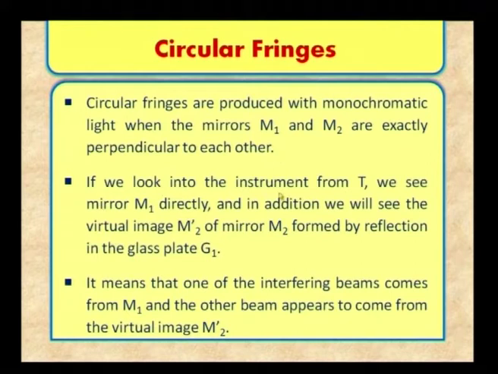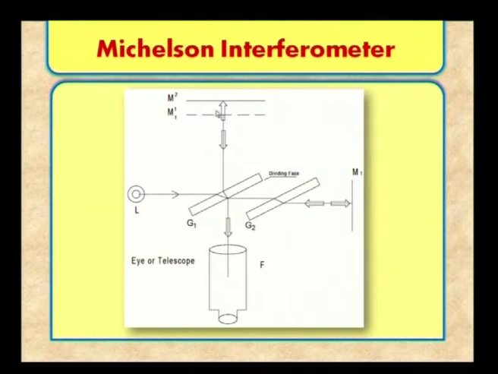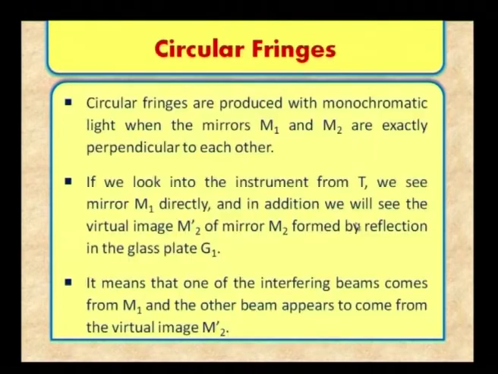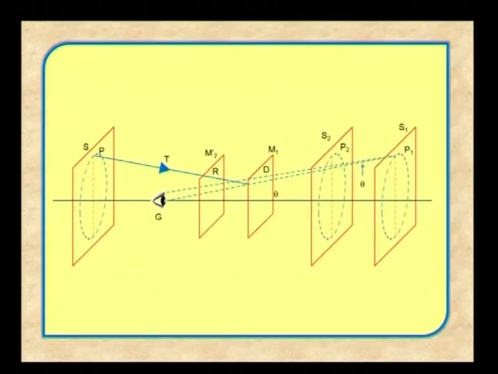If we look through the instrument T, that is the telescope, we can see the mirror M1 directly, as I told you in the last lectures, and you will be having a virtual image M2 prime formed because of M1, and the light coming from the virtual image and the real mirror, they interfere and give rise to the circular fringes which are being formed.